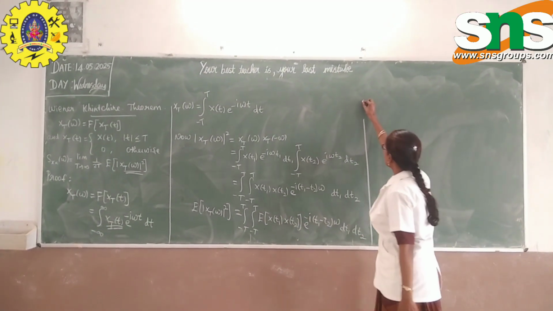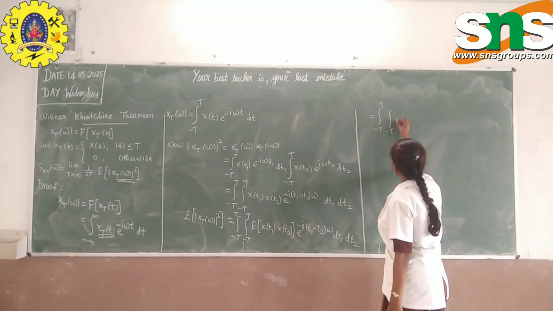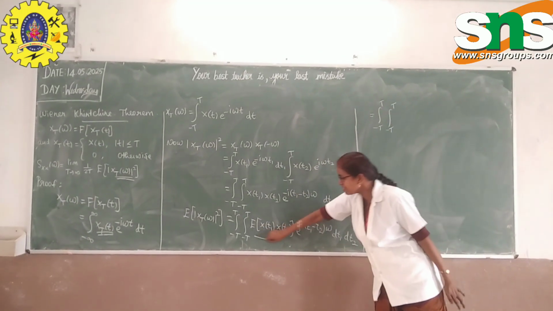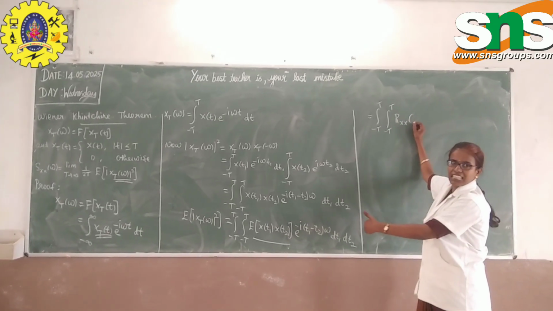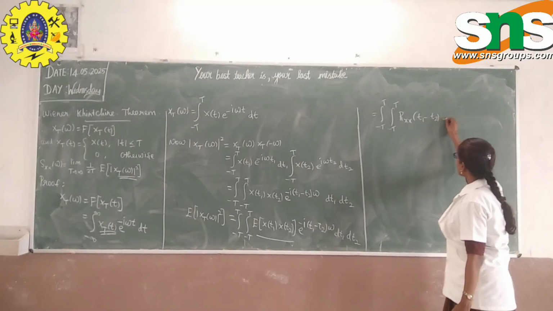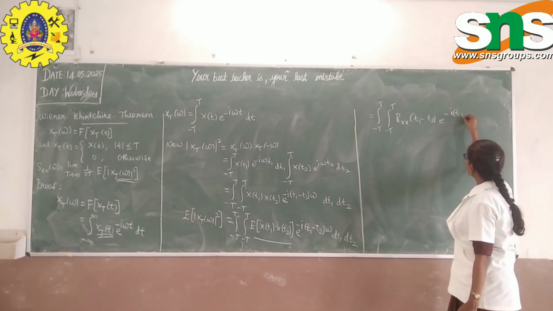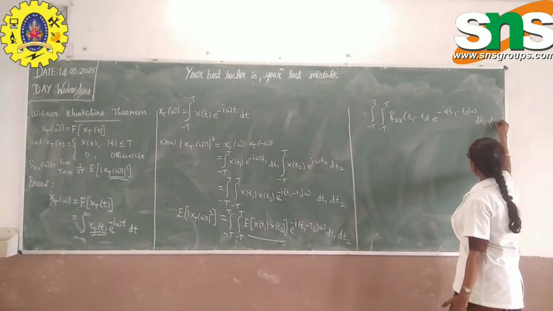So it is the double integral of R_xx of the difference between the variables, t1 minus t2, times e power minus j (t1 minus t2) omega dt1 dt2.